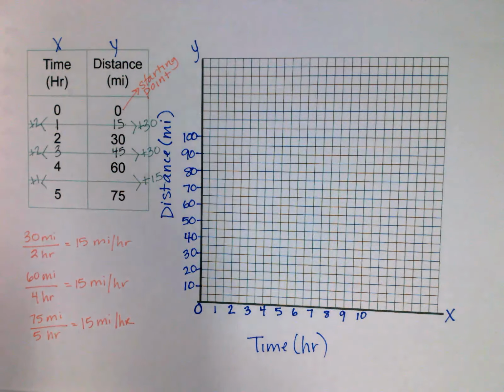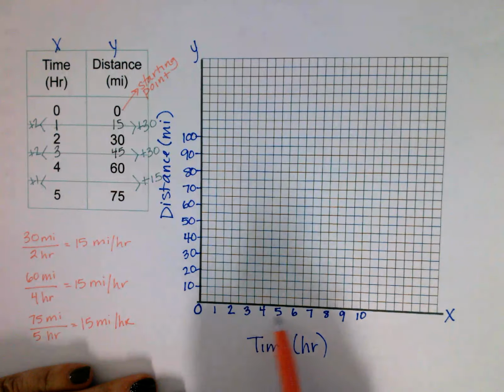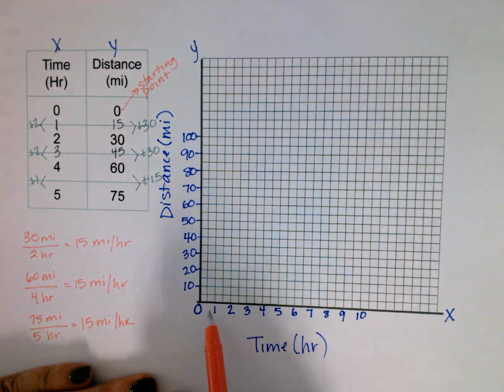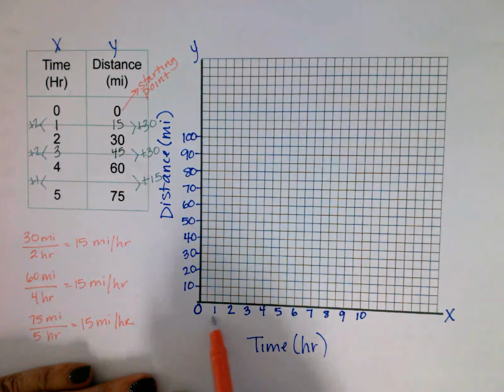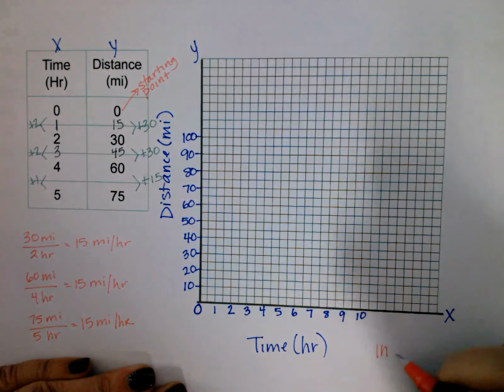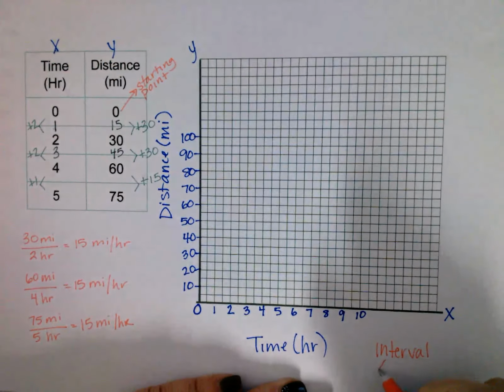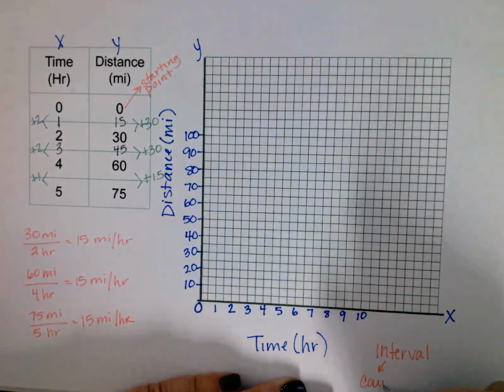All right, a few things I do want to point out and talk about before we move on. We really did not count by ones here because we were doing skip counting. So our interval, and that word means what did you count by?